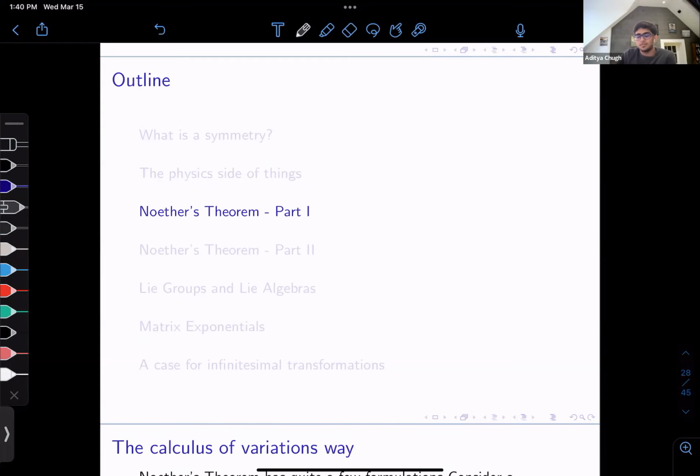You might imagine that you have a particle moving in free space, and you would want that the laws of motion, how your particle is moving, if it's moving at a constant velocity, say, shouldn't change if you shifted your origin to the left a little bit, or maybe you rotated it, because this case is pretty symmetric. It shouldn't matter what your reference frame is or what coordinates you place on this. And that tells you that for every symmetry you get a conservation law.